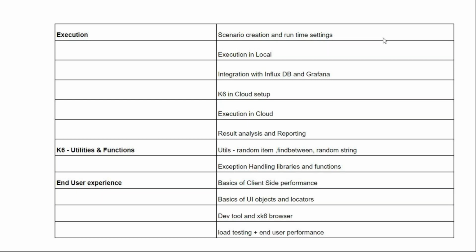They have some add-ons through which you can rebuild your K6 to get this end user experience as well. End user experience is not available by default in K6. You have to rebuild your K6. We'll try to learn how to rebuild K6 with the end user experience plugin, and then include those end user experience libraries or functions, and then see how to get those metrics.